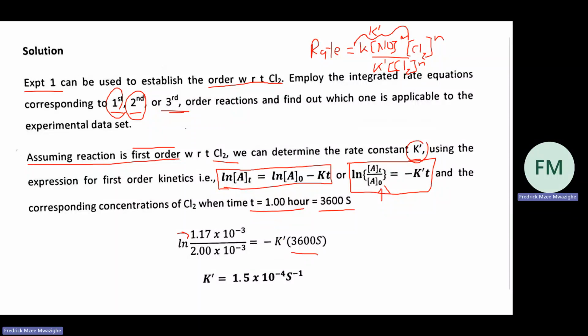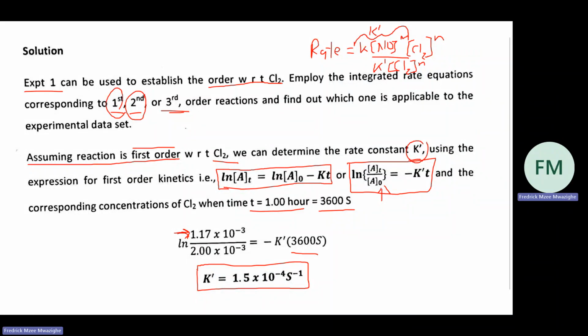If you put in our values there and make K prime the subject, you can confirm this using your calculators. You find that K prime equals 1.5 times 10 to the power minus 4 per second. So that is using the initial concentration of chlorine and the concentration at T equals 1 hour.